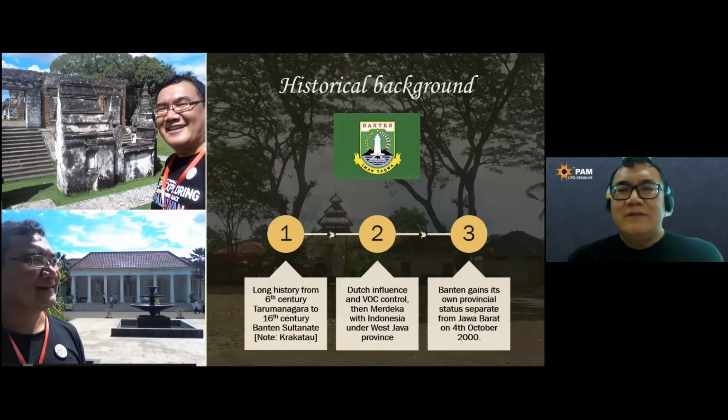And Banten, of course, gained independence together with the rest of the Republic of Indonesia in 1945. But it was put under West Java province, and it was only in October 2000 that Banten gained its own provincial status, something which it had wanted all along. For Malaysians, you don't quite realize how fluid Indonesian internal boundaries are.